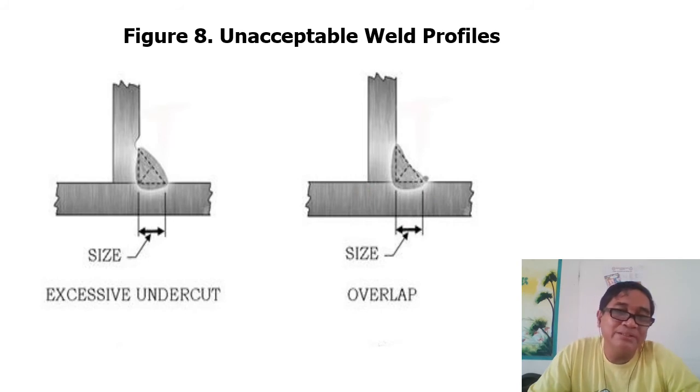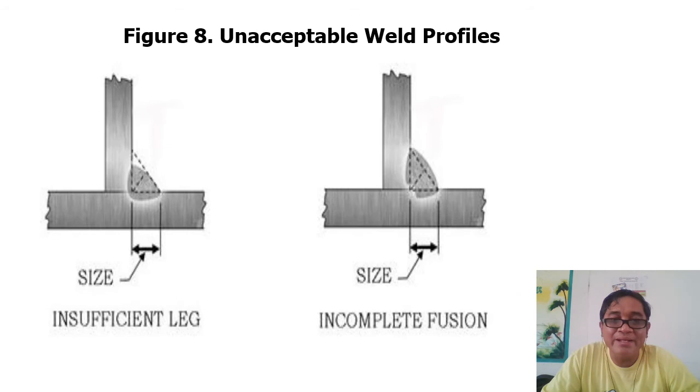Another unacceptable weld profile, the insufficient leg right here, and the other part is not enough, short with the triangle, dash triangle, the boundary of the insufficient leg, in this area and this area. And here the incomplete fusion, the joining of two parts, the base metal and the vertical one, and in this part the incomplete fusion.